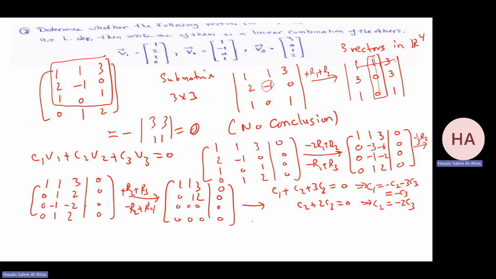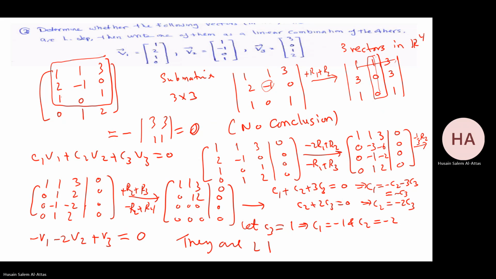So take C3 equal to 1. I have C1 equal to minus 1 and C2 equal to minus 2. So I have this relation, minus V1 minus 2V2 plus V3 is equal to 0. So they are linearly dependent.